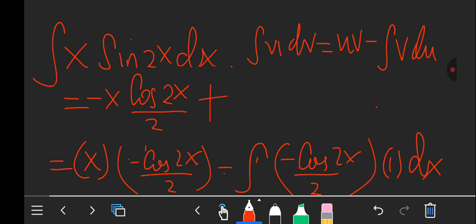So the integral of cos 2x again: I'll integrate cos 2x, that is sine 2x. Then it is over 2. I'll find the derivative of 2x, so I'll multiply by 1 over the derivative of 2x, that is just a 2.